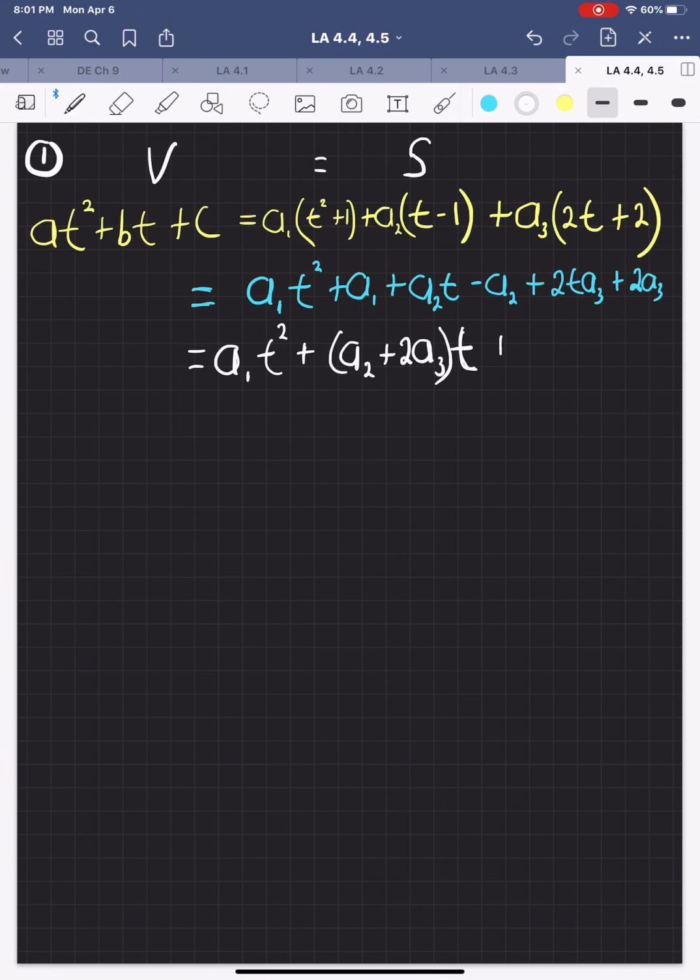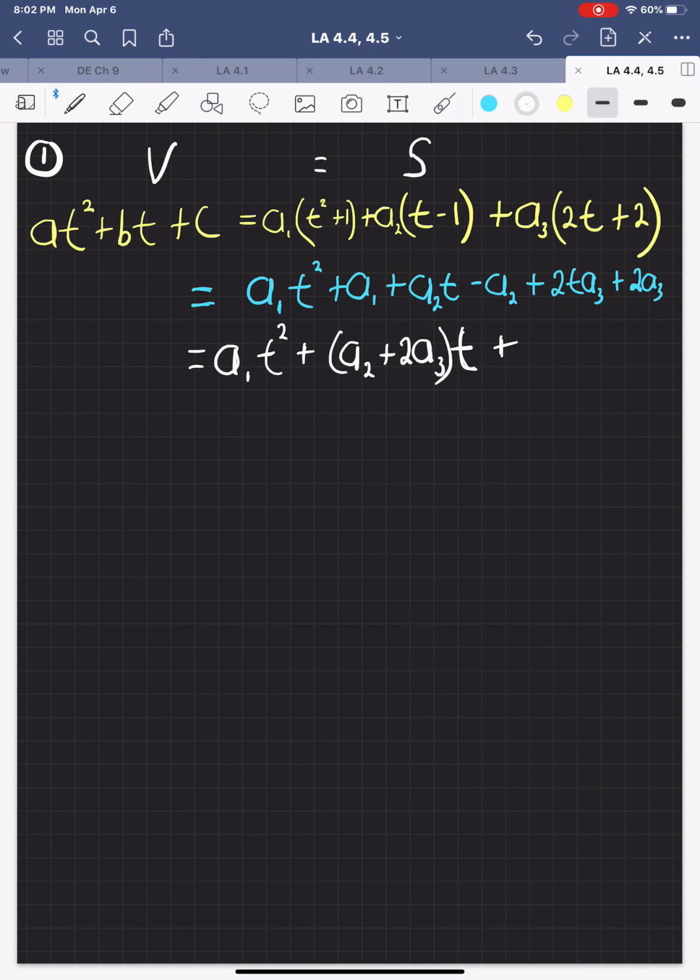Now I'm going to do the same thing here, but there's nothing to factor out, obviously, because there's no t attached. I'm going to take anything that's left. Was there anything else? And the a sub 3. Okay, so there's no t attached here either.